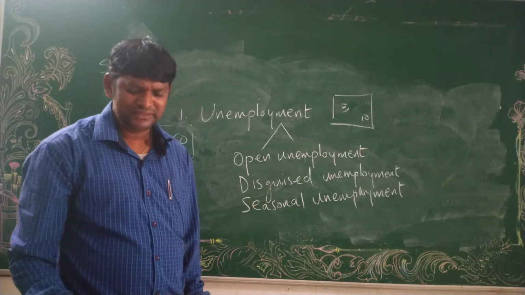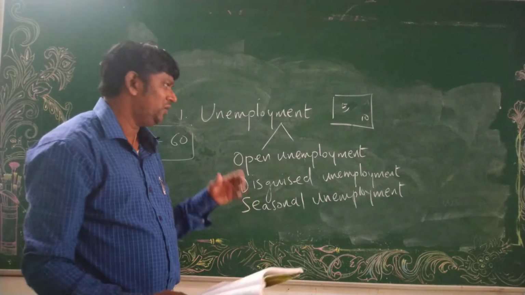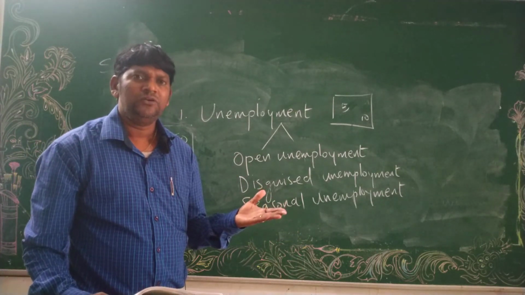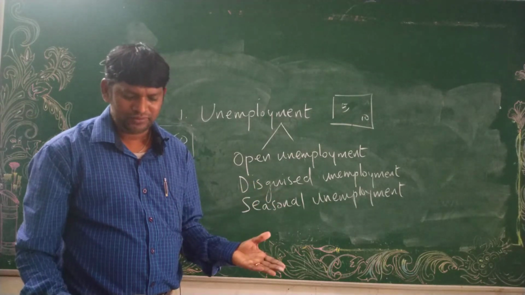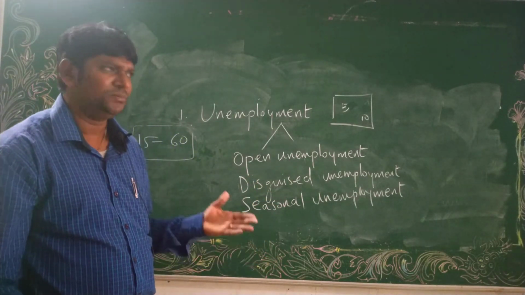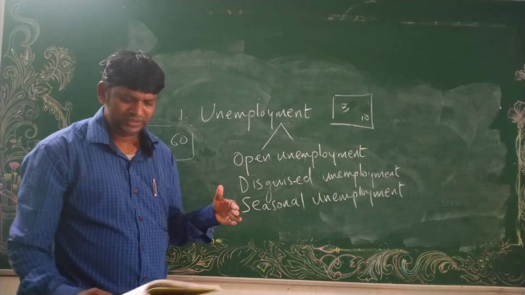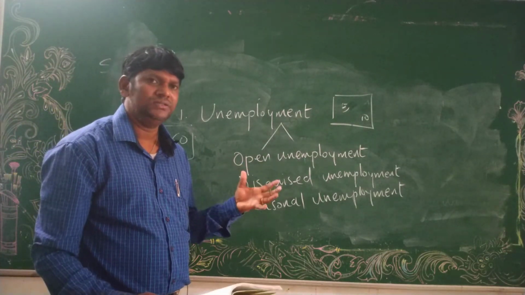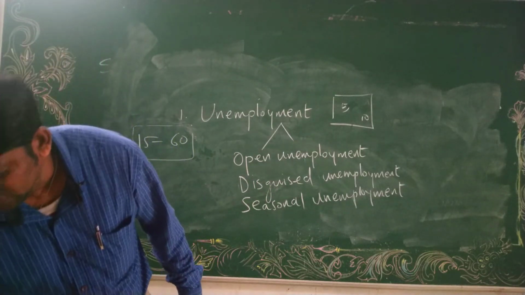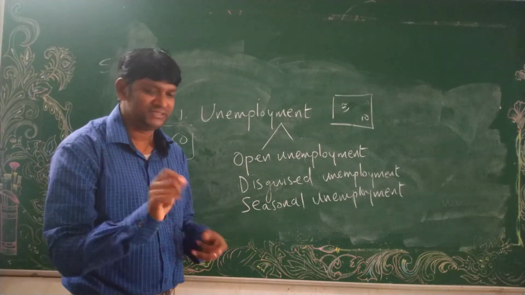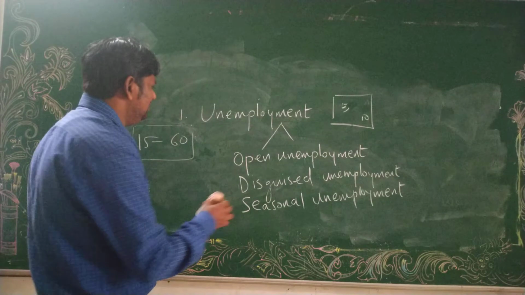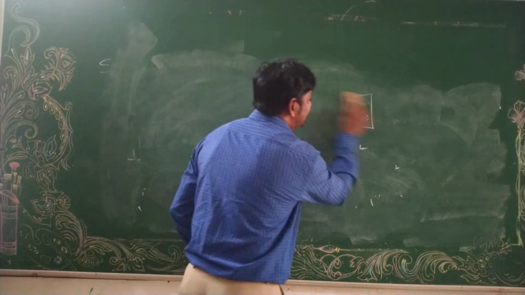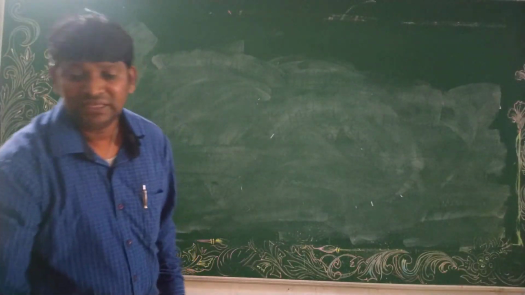And we have cottage industries, lack of skills, and lack of educational qualification. These are some of the huge causes of unemployment. What is the cause of unemployment? Shortage of natural resources. I write it here.